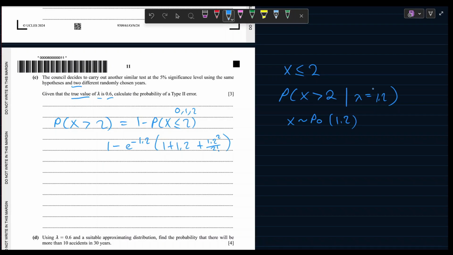And that's going to be, punch that into the calculator. This is 1 minus e to the negative 1.2 times 1 plus 1.2 plus 1.2 squared over 2 factorial, which gives us that the probability of our type 2 error is equal to 0.121. And that will be our final answer.